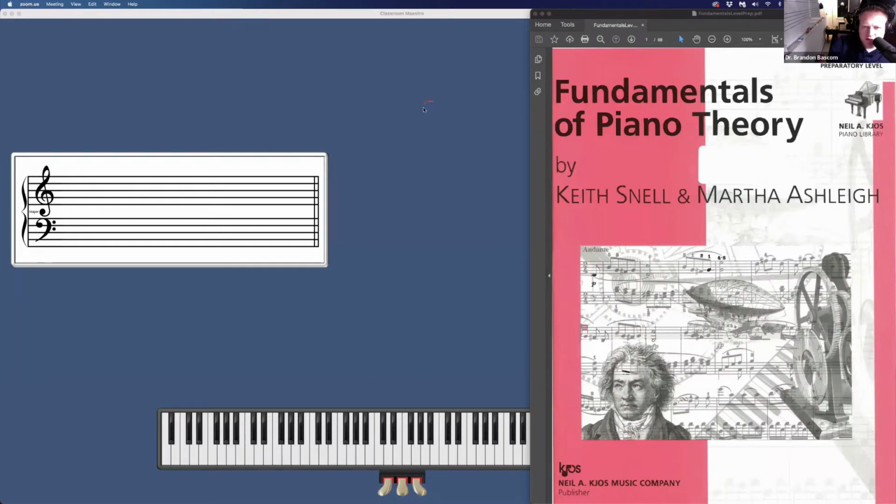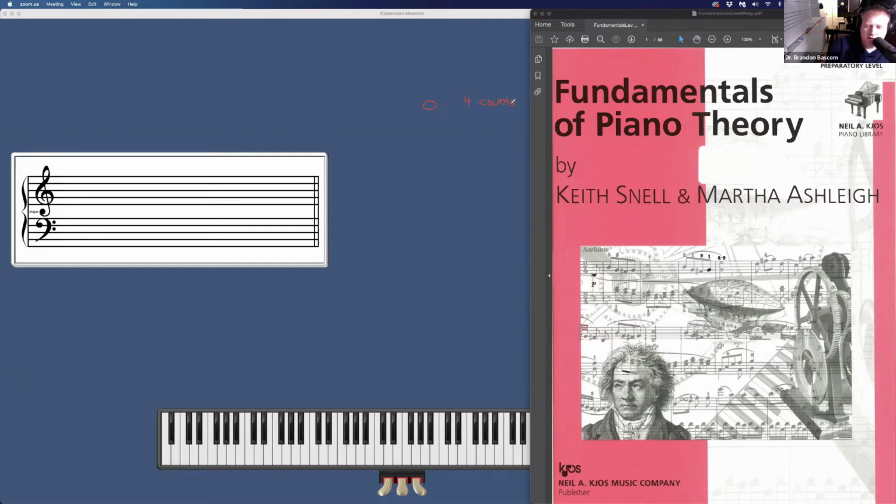So this is a whole note. No stems, just a round circle, and it gets 4 counts. I'm not going to count with numbers because numbers gets to be hard.